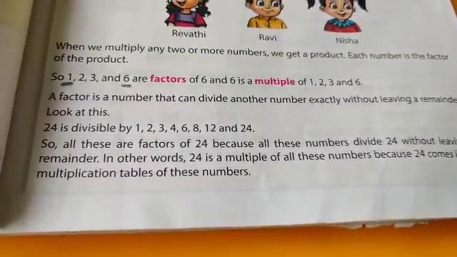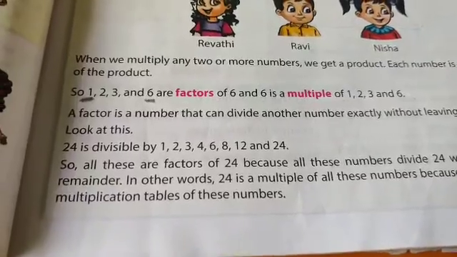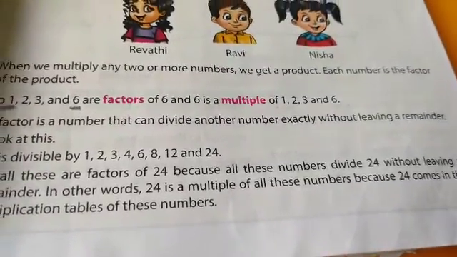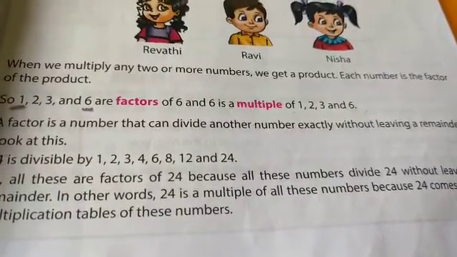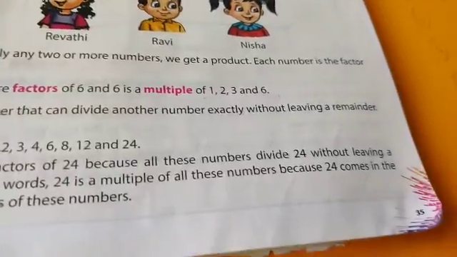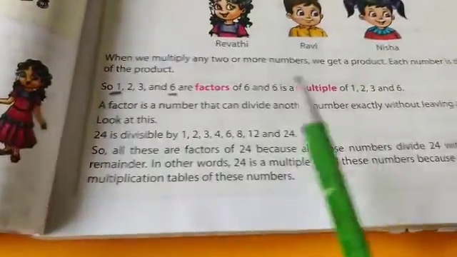Let's move further. A factor is a number that can divide another number exactly. फैक्टर एक वो नंबर होता है जो दूसरे नंबर के साथ कंप्लीटली डिवाइड हो जाए विदाउट लिविंग द रिमाइंडर.